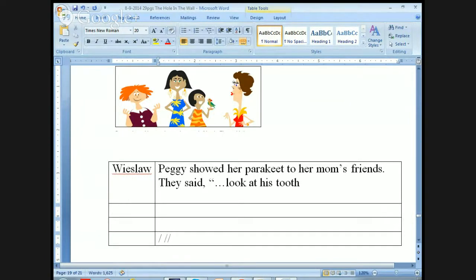The next day, the hole were not in the tooth, and the parakeet was very lucky from that. They can eat a lot of scrambles and fly very high and look on the children below.